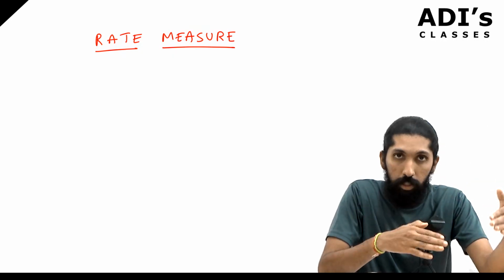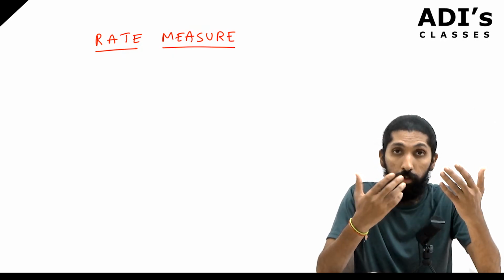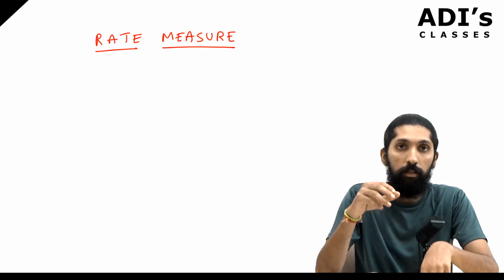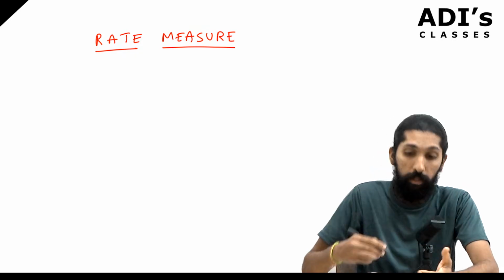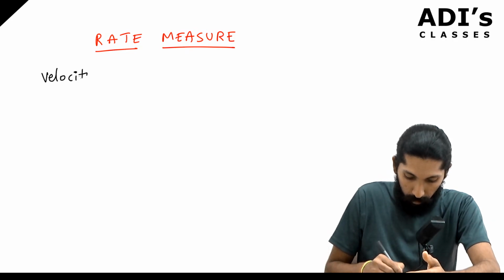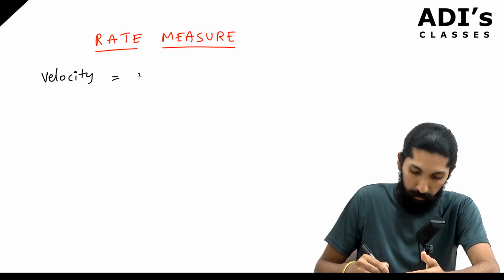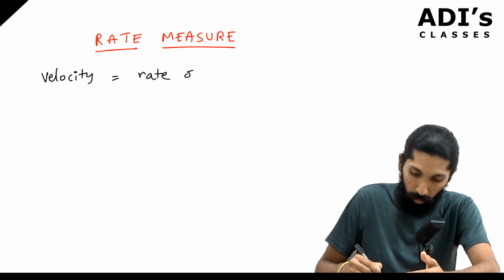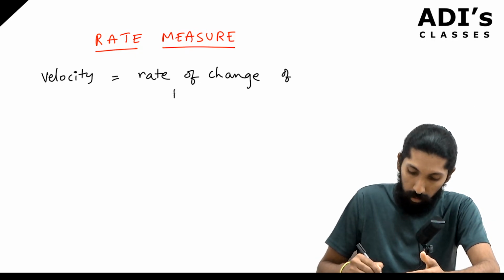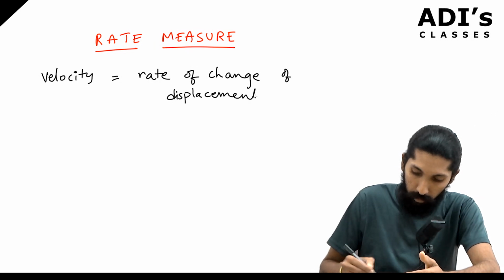So rate measure, in the sense that something is changing. If you take an example of velocity, velocity is where the object is moving, correct? So if you take an example of velocity, velocity is nothing but the rate of change of displacement, correct?